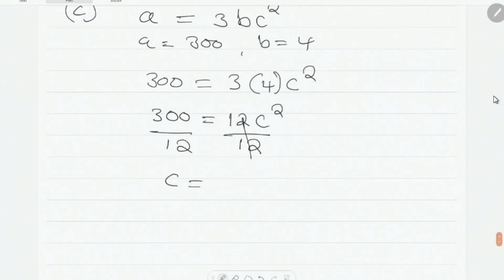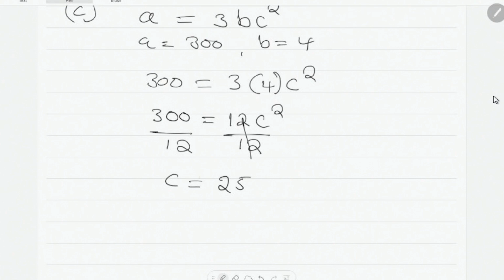That will just give us 2, because 2 times 12 is 24, so that will be 2 times, and then a remainder 6. Then 12 can go into 60 5 times. So 12 into 300, that is 25, and then this is C squared.